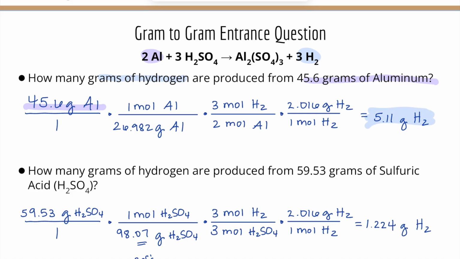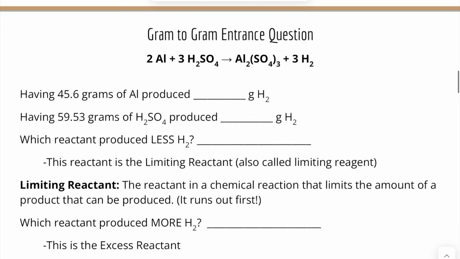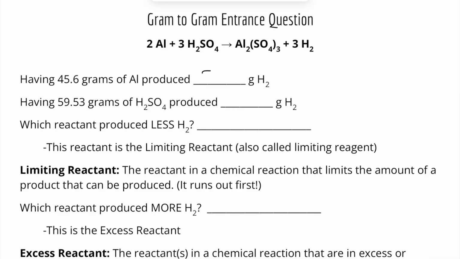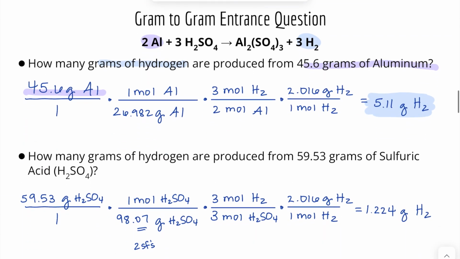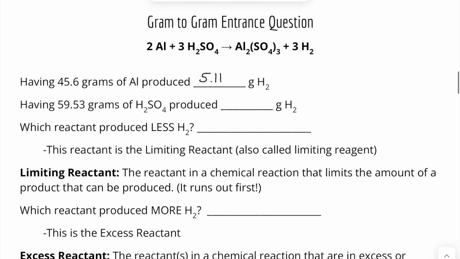And that produced 5.11 grams of hydrogen. That second problem asked us how many grams did we get from our sulfuric acid. So from those 5.93 grams of sulfuric acid, we got 1.224 grams of hydrogen.